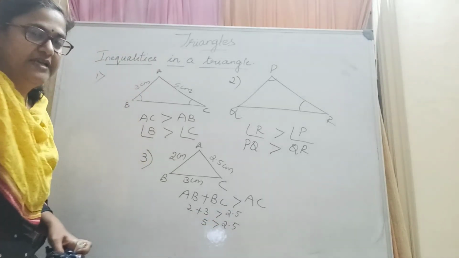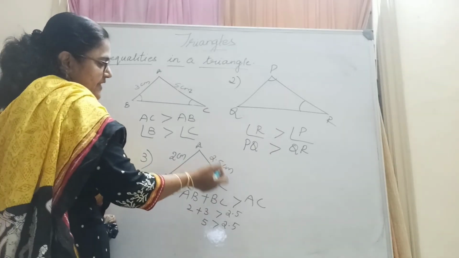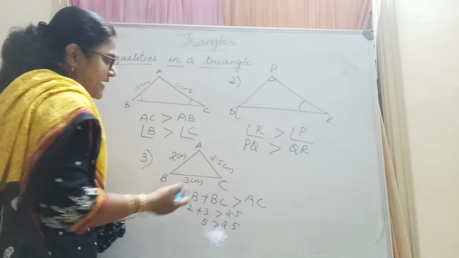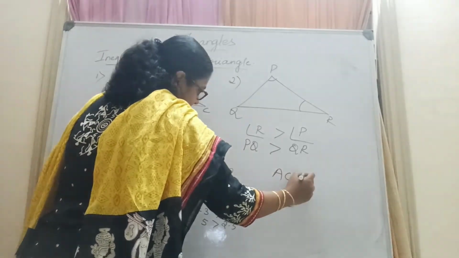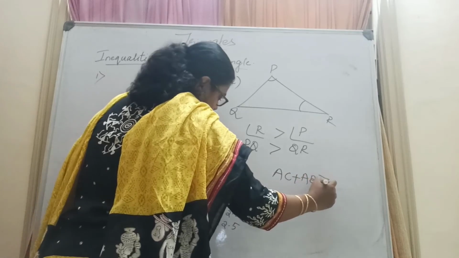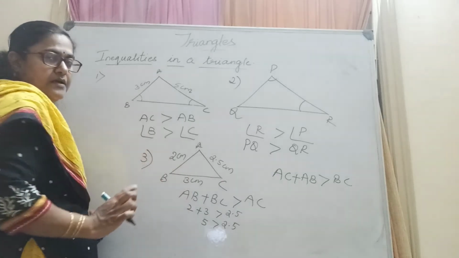It can be any two sides. Now I have taken these two sides, AB plus BC, which is greater than AC. Now I can take another pair, say AC plus AB, it is greater than BC. So if you add any two sides, that will be greater than the third side.